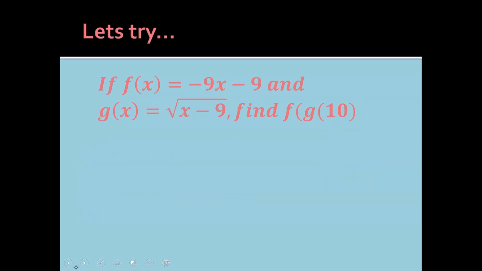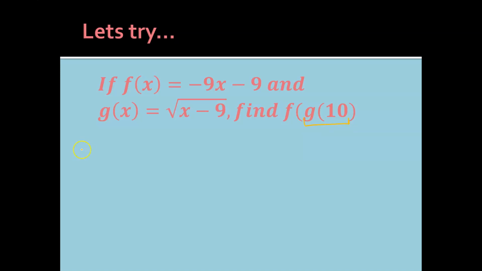All right, so next one, let's throw some square roots in there, all right? So this one says if f of x equals -9x minus 9 and g of x equals the square root of x minus 9, find f of g of 10. So it's in the notation I like, so I need to find g of 10 because we work inside out.